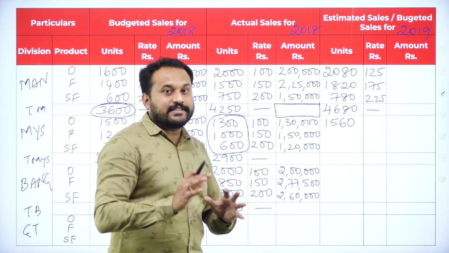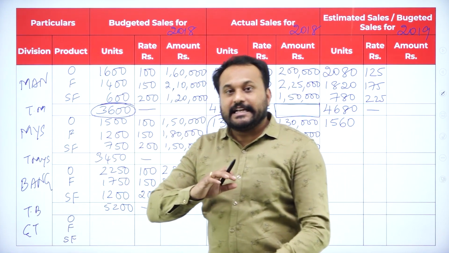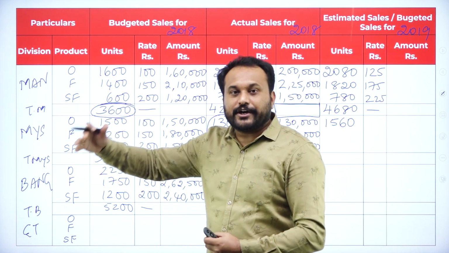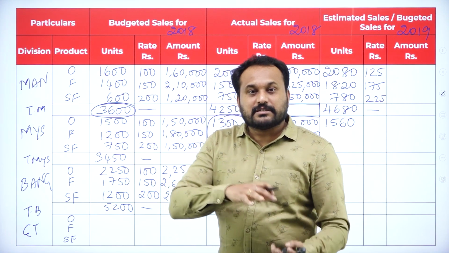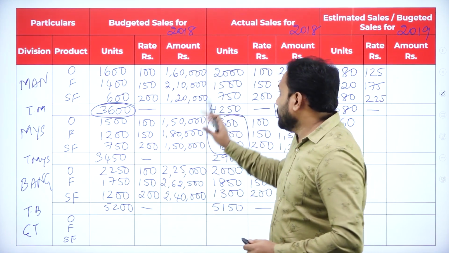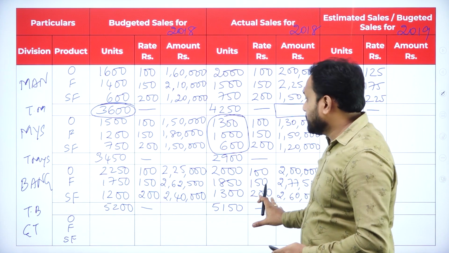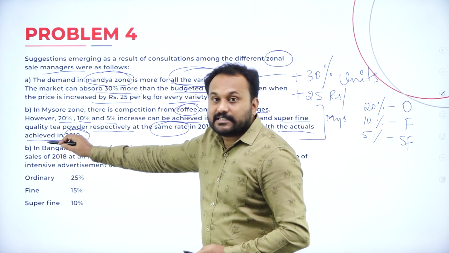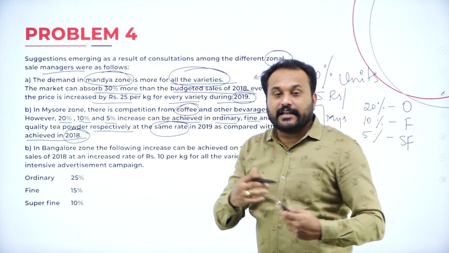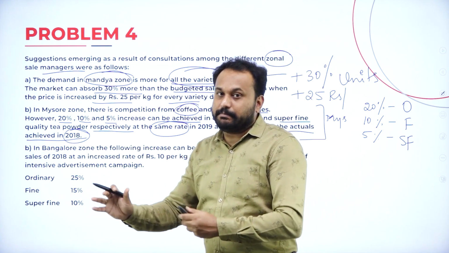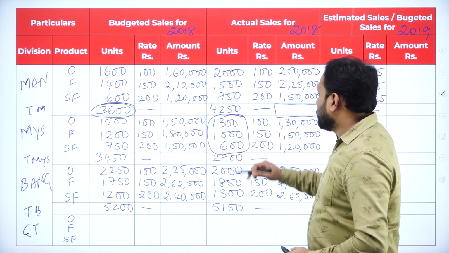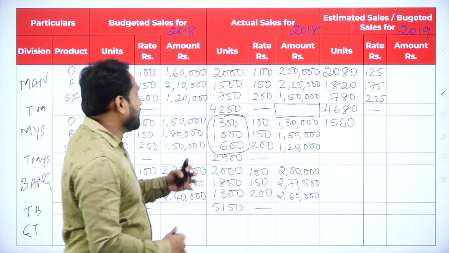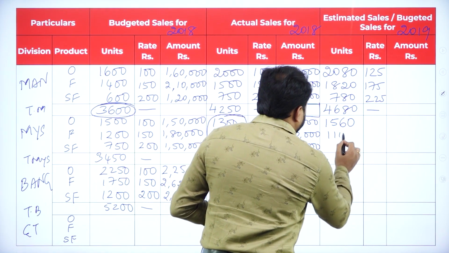In the question, they have said for Mysore, the increase will happen with 20%, 10%, 5% for ordinary, fine and super fine. But you are supposed to increase from the actual sales, compared with the actual sales achieved in 2018. That's why we are increasing from actual and not from budgeted. So here 1,000, and you are supposed to increase by 10%, in the sense 10% of 1,000 is 100. So it is 1,100. Done.